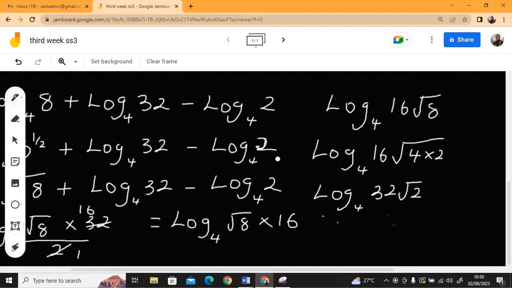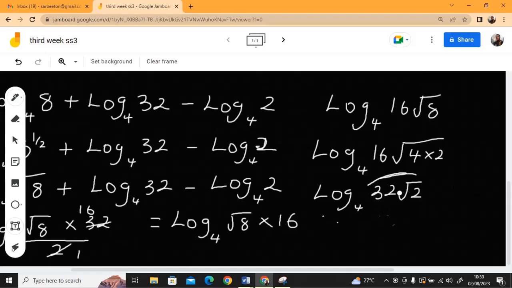Now what I'm going to do here is convert this back to ordinary form. That is, in surd form, I'll convert this number to ordinary form.